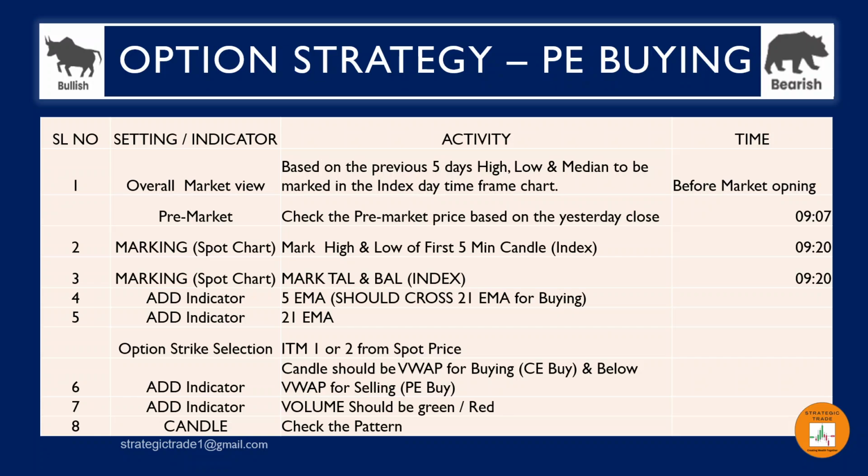We only have to see the indicators: the 5 EMA, 21 EMA, VWAP and the volume. These four we have to see in the option chart. In the same way, we have to check the candle pattern, how it is forming, in the option chart.